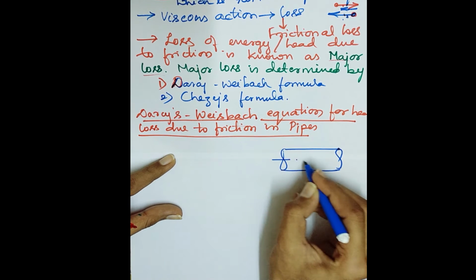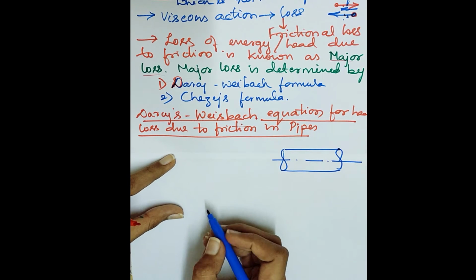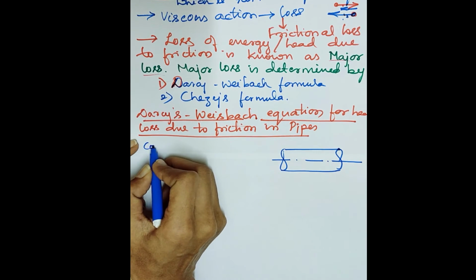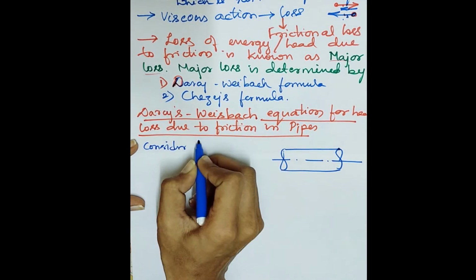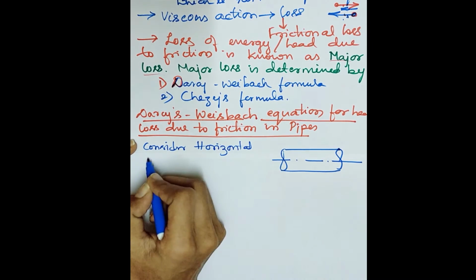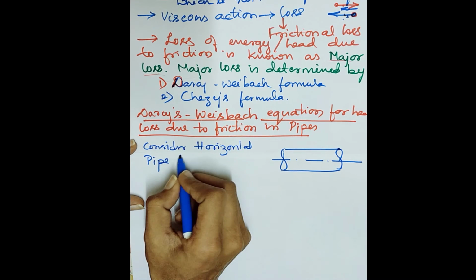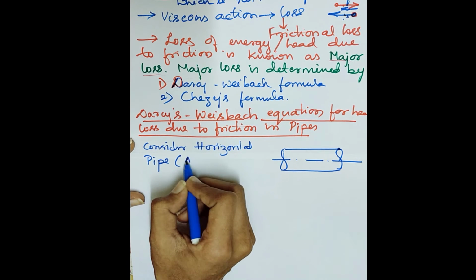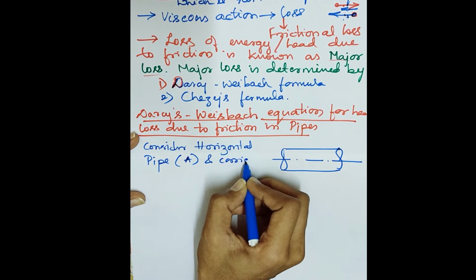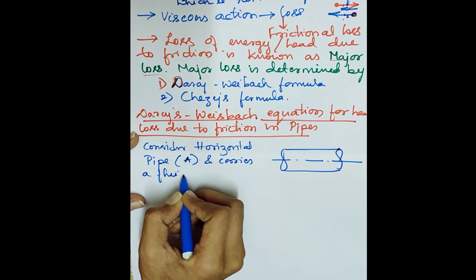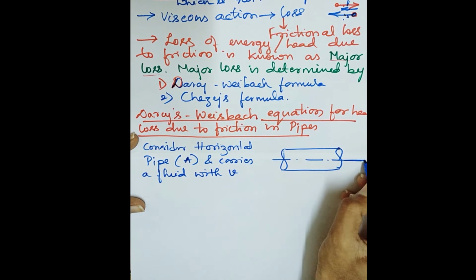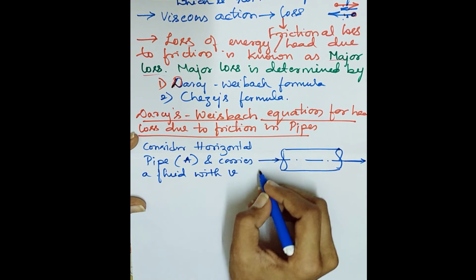This is the horizontal pipe we have considered, which has a cross-sectional area A and carries a fluid with a velocity V. This is the direction of flow.